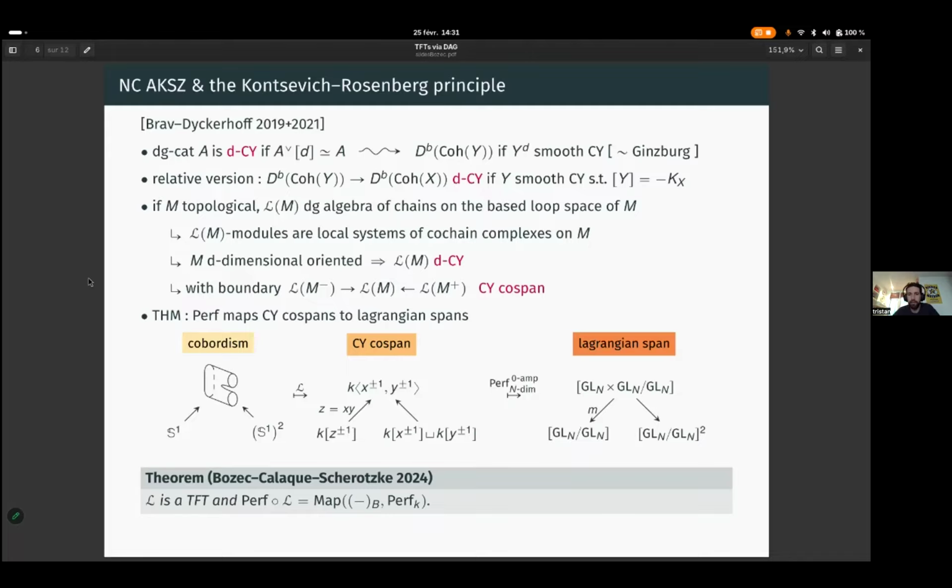Tristan, just a question from the chat. I don't know if you can see the chat. No, because I've removed everything, but yes, tell me. There's a question by Shuang Mao who asked, what is the shift of a DG category? As far as I understand, the dual of A is still a DG category. Yes. Okay, you can think of DG algebras, right? It works the same. There's a grading on the category, and you can shift it.